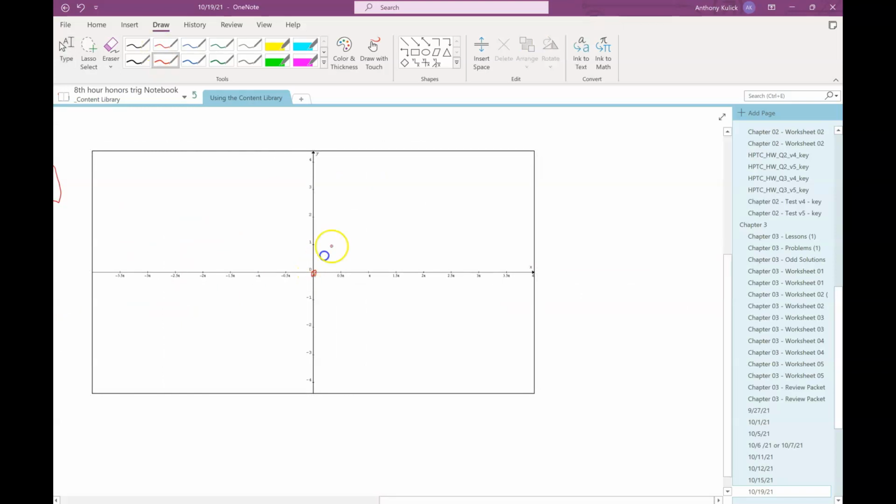So I had (0, 0), (pi, 2), (2 pi, 0), (3 pi, negative 2), (4 pi, 0), and then we'll just extend in the opposite direction as well. So we'll have (negative pi, negative 2), (negative 2 pi, 0), (negative 3 pi, 2), and then (negative 4 pi, 0). And there, we're all done.